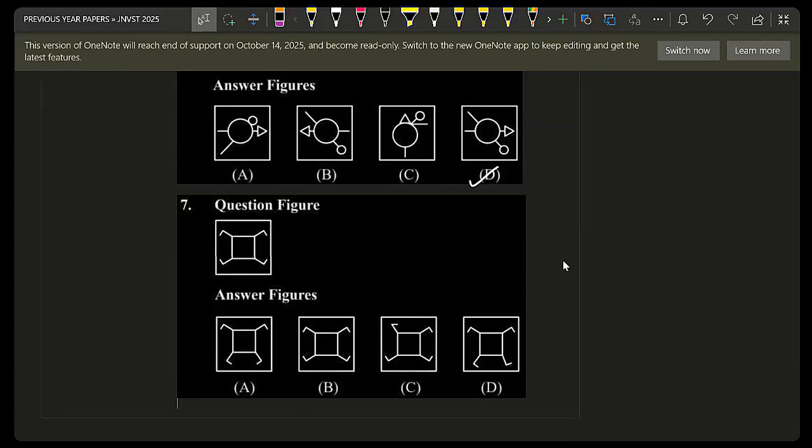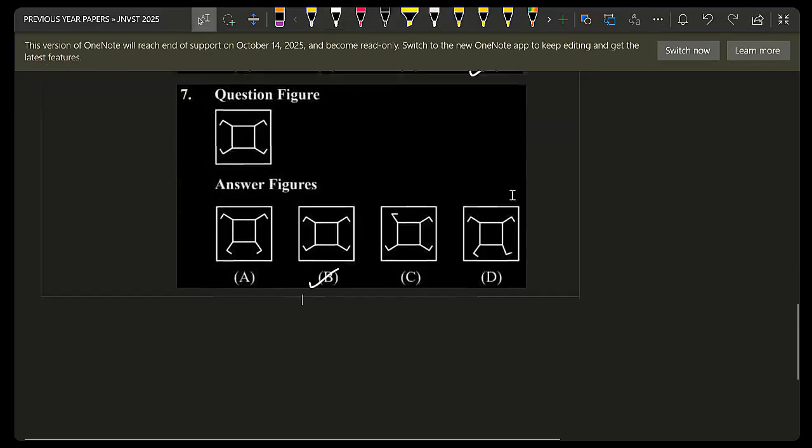If you take care of all the parts, then option B will be correct. Eighth question. So similarity is very simple. You can score all of them correct. Actually, mental ability in Navodaya, if you practice well, 40 out of 40 is scoreable.